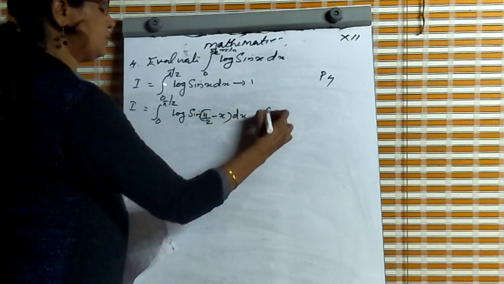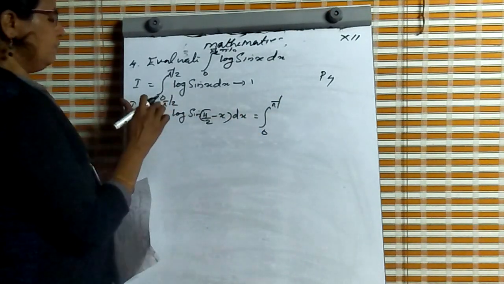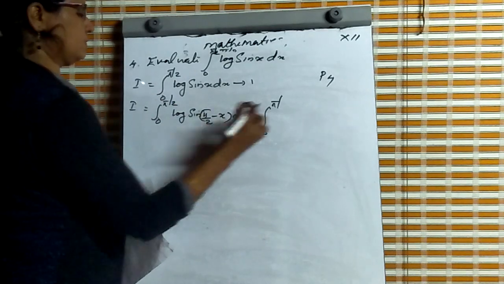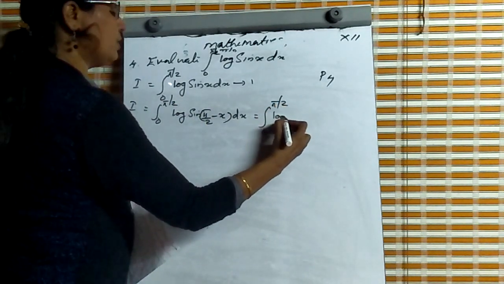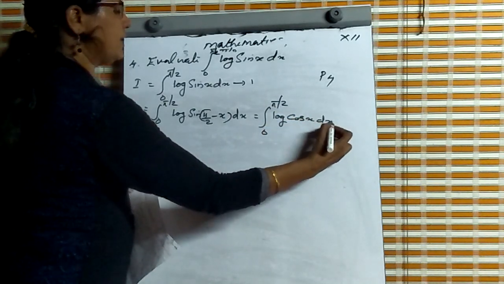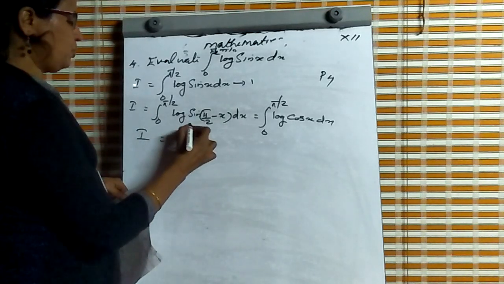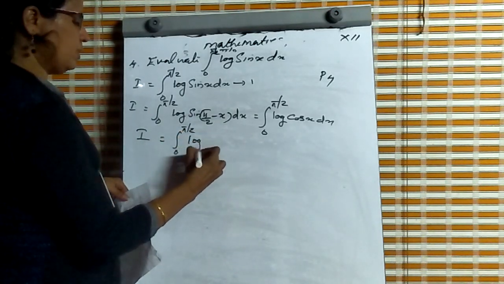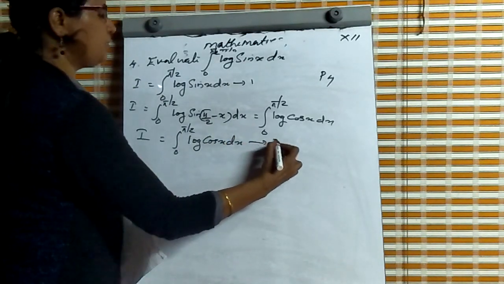The integral from 0 to pi by 2 of log sin(pi by 2 minus x), which is cos x, dx. That is, I is equal to the integral from 0 to pi by 2 of log cos x dx. Take it as equation 2.